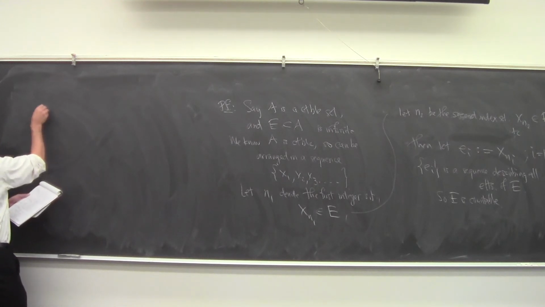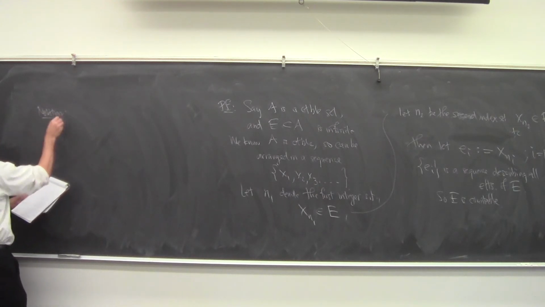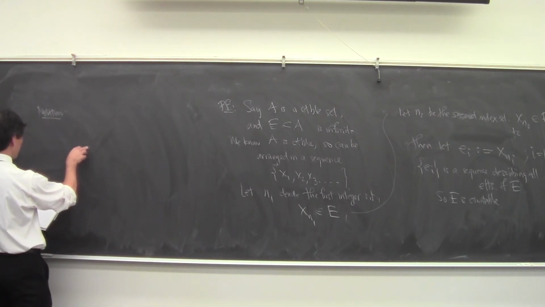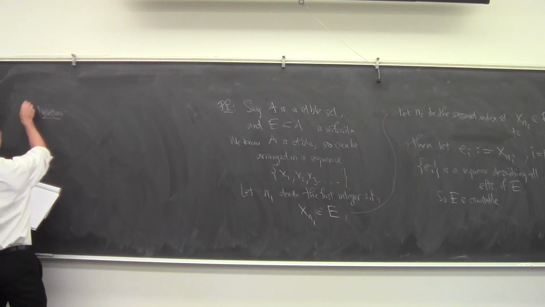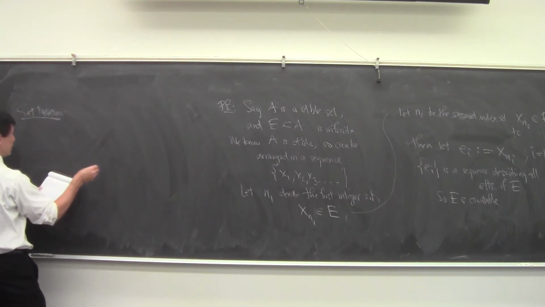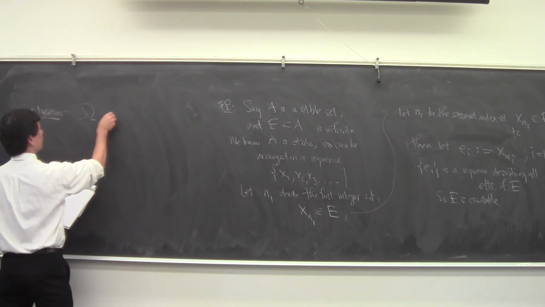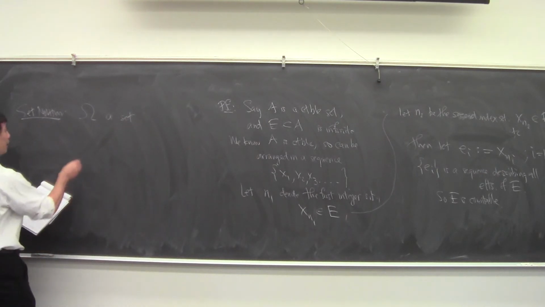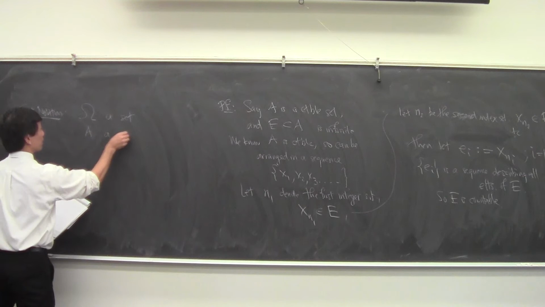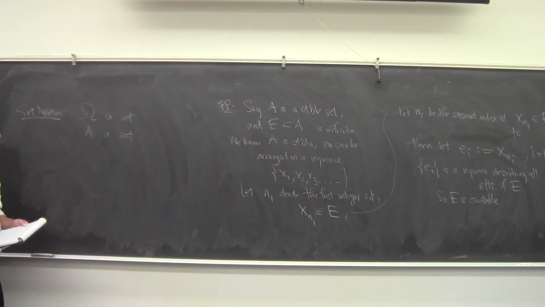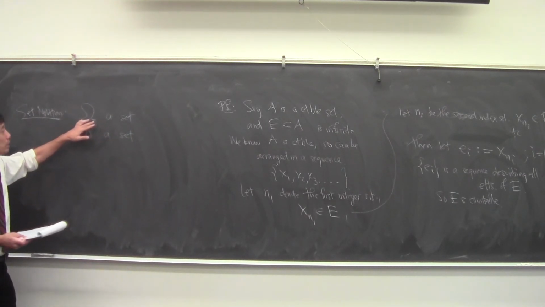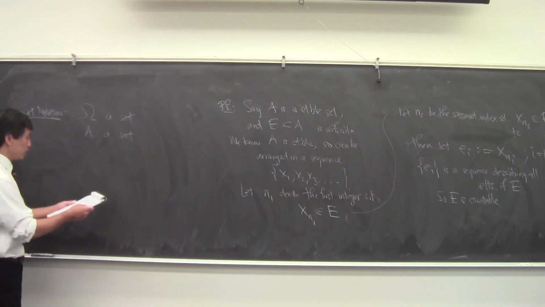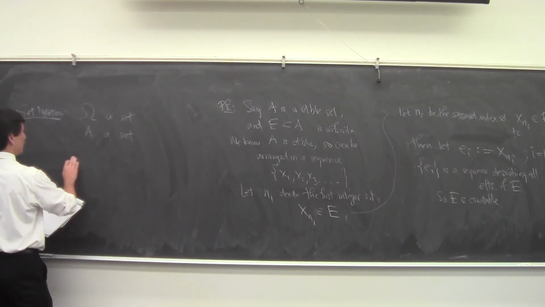Just some notation that I hope you're already familiar with. Set notation: you have some set omega and another set A. This omega you want to think of as the space that your other sets are in.